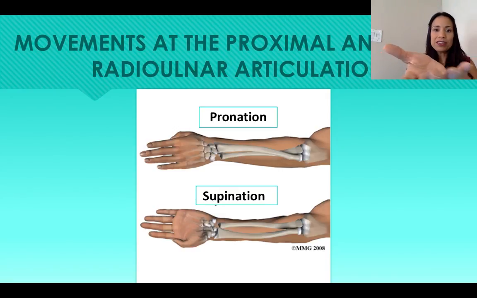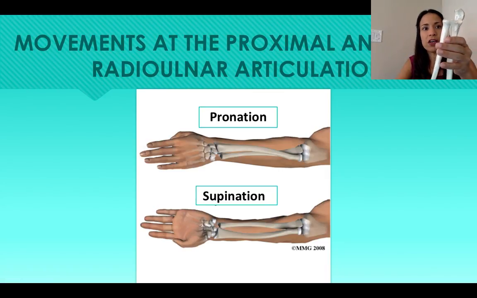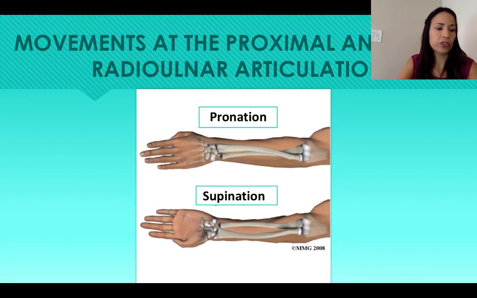During supination, which is anatomical position, both bones, the radius and the ulna, are parallel. But during pronation, the radius crosses over the ulna. And that movement is thanks to the pivot movement at the proximal and distal radioulnar joints.